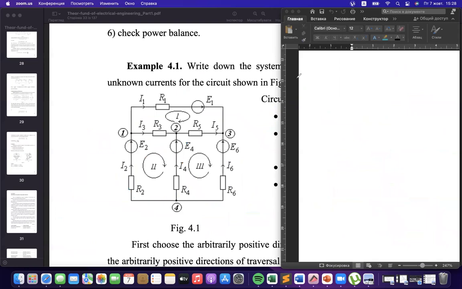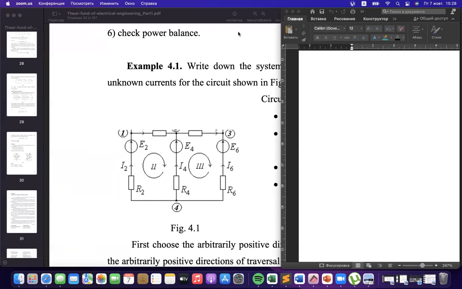Okay, and then the last for today, I want to discuss the situation of a couple of sources, because if we have a situation like this with 3 sources, we cannot find the total resistivity.